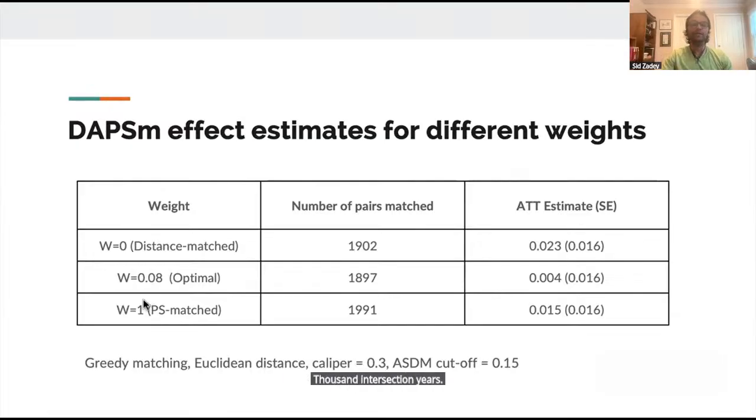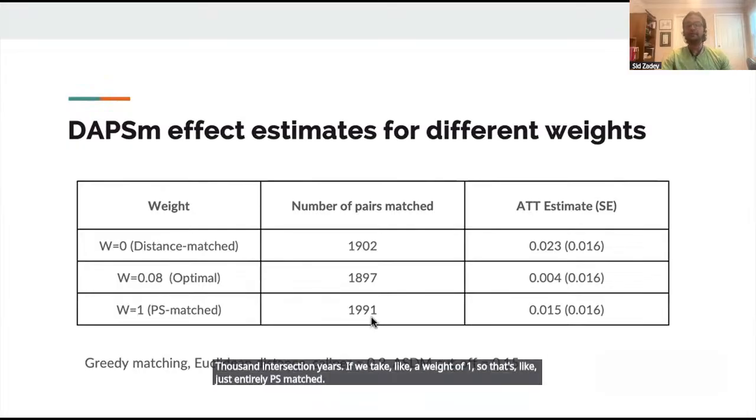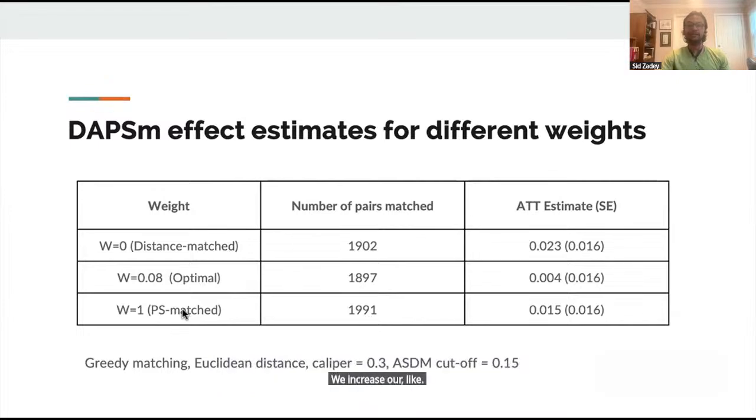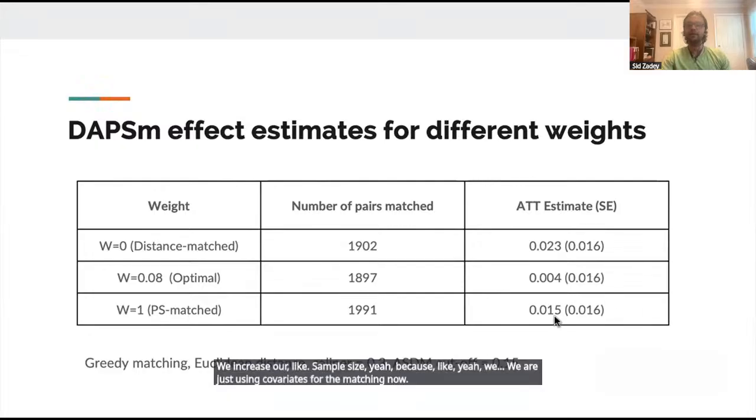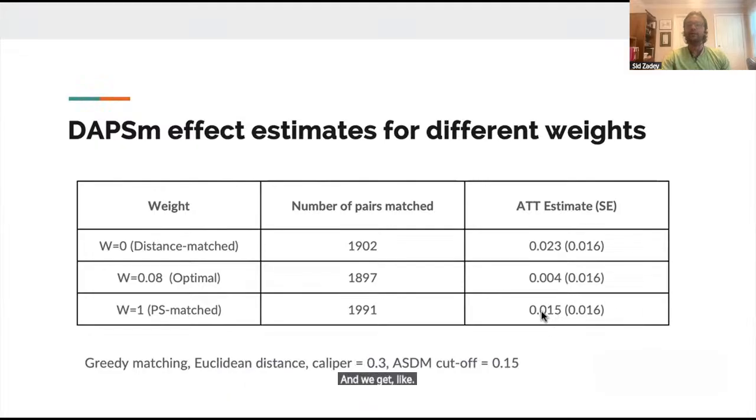If we take a weight of 1, so that's entirely PS matched, we increase our sample size because we are just using covariates for the matching now, and we get an ATT of 0.15.